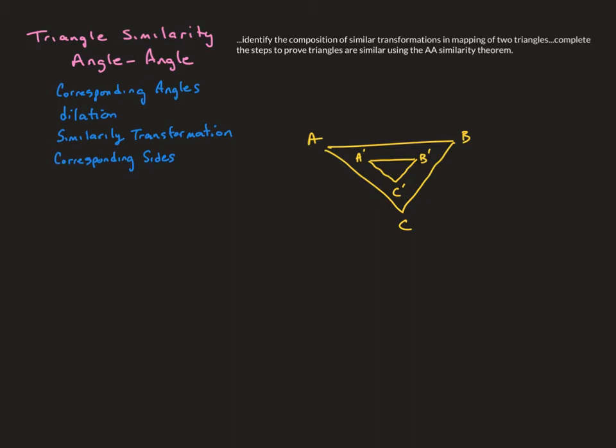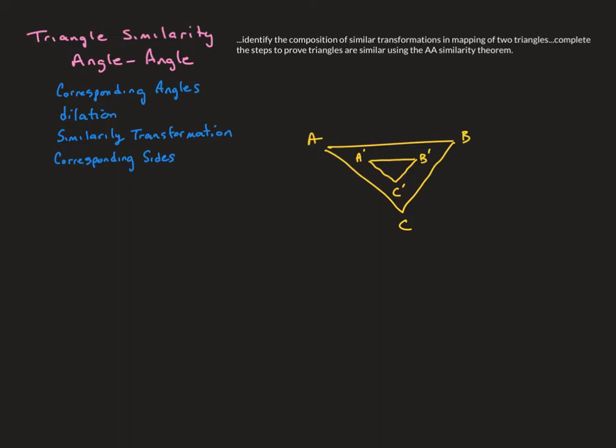And as we said, corresponding angles, angle A corresponds to angle A prime, just like angle B corresponds with angle B prime. And then a corresponding side, well, side AB corresponds to side A prime B prime. So that's visually what they're talking about when they talk about corresponding angles and sides.